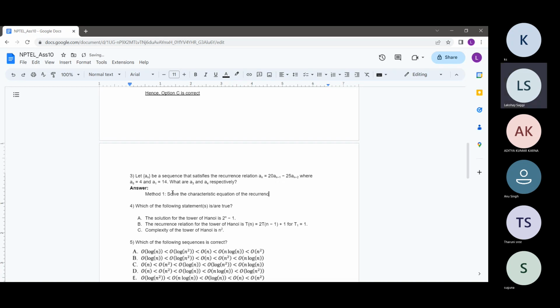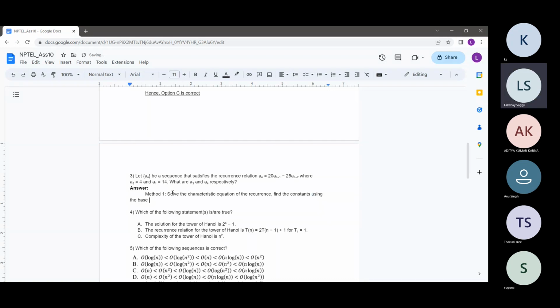So the method would proceed as follows. You solve the characteristic equation of the recurrence, then find the constants, let's just say C1 and C2, using the base cases.